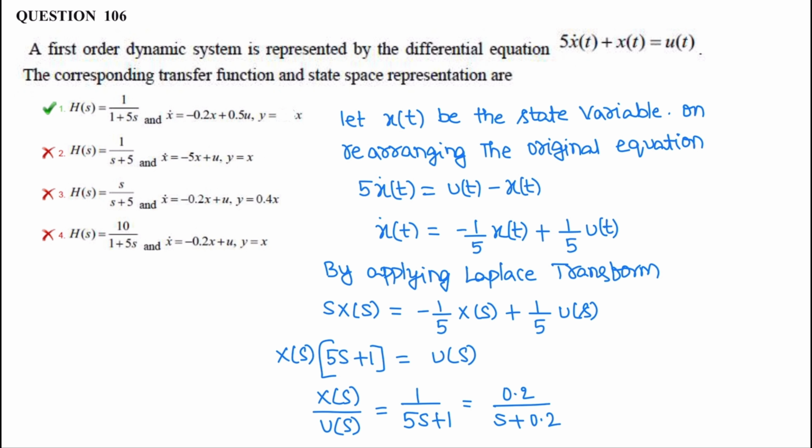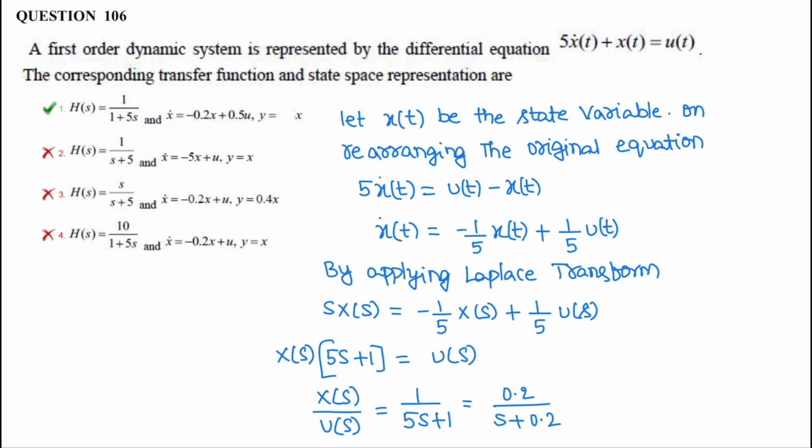Question number 106. The first order dynamic system is represented by the differential equation 5x dot of t + x of t = u of t. The corresponding transfer function and state space representation are: let x of t be the state variable.